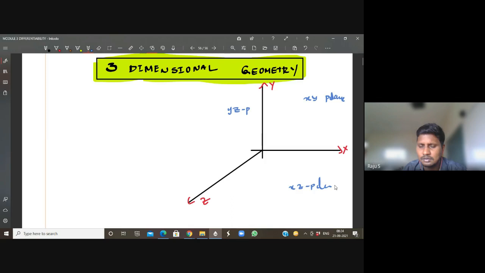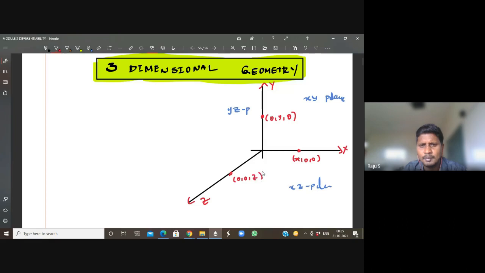8 parts, right? And also here, we know that any point on the x-axis can be given by x, 0, 0, and any point on the y-axis is 0, y, 0, and any point on the z-axis is 0, 0, z. Am I right?